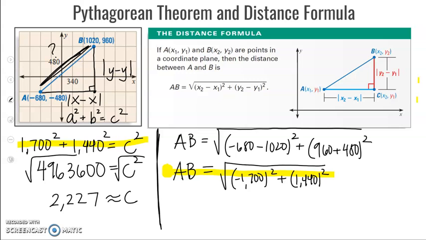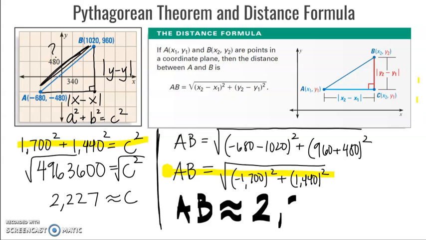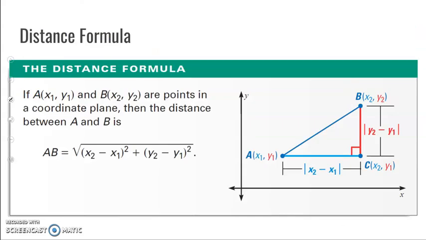So, if we finish out this process, we see that the length of AB is approximately 2,227 units. Hopefully this highlights the relationship between Pythagorean theorem and distance formula. Make sure you jot this down in your notes before moving forward.